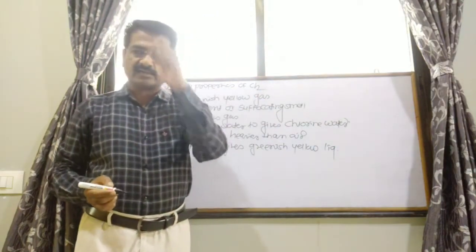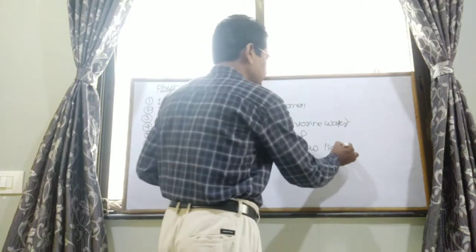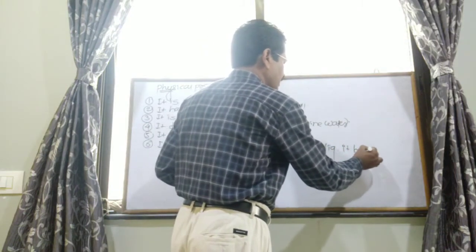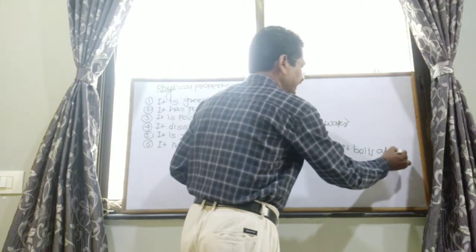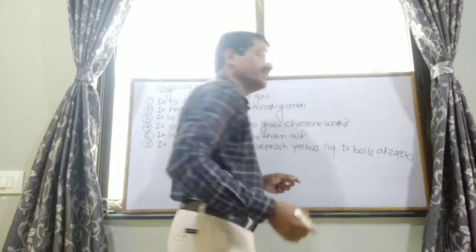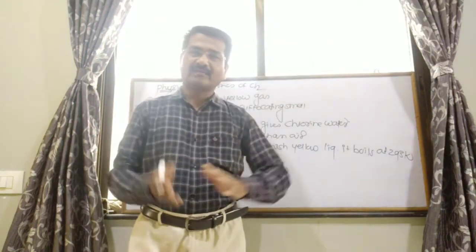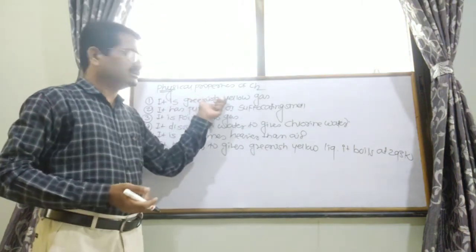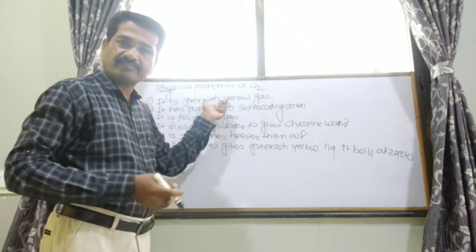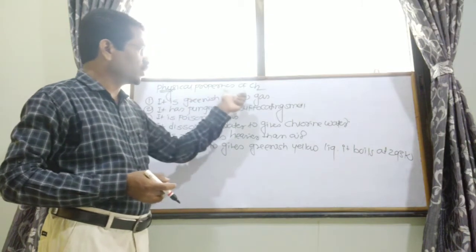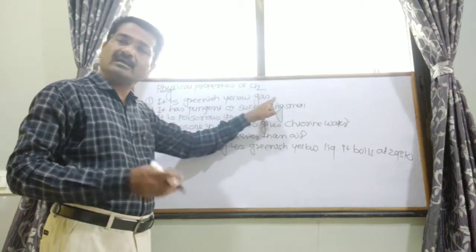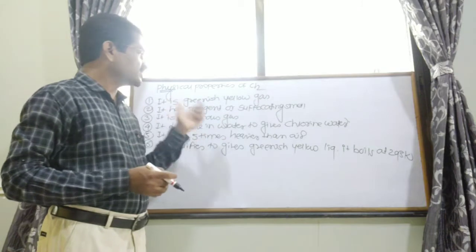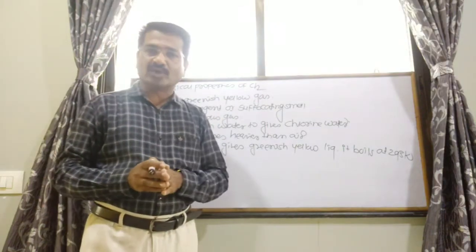It boils at 239 Kelvin temperature. So these are the very simple physical properties of chlorine. First of all, its color: chlorine has a greenish yellow color and its physical state is gas. It has a pungent or suffocating odor or smell.